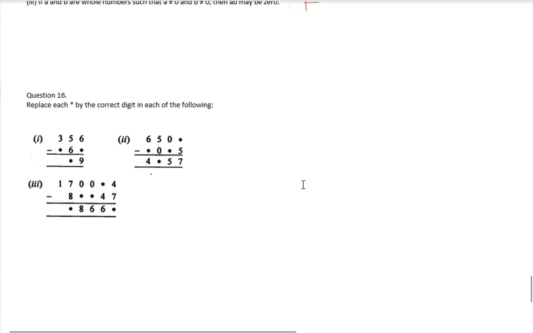Then the question number 16 is replacing the digits so that this subtraction is satisfied. We'll use a trick here. Something minus 6 is 9, but I cannot subtract 6 to get 9, so it can be 16. So if 16 is written here, this becomes 4. So 16 minus what is 9? The answer is 7.